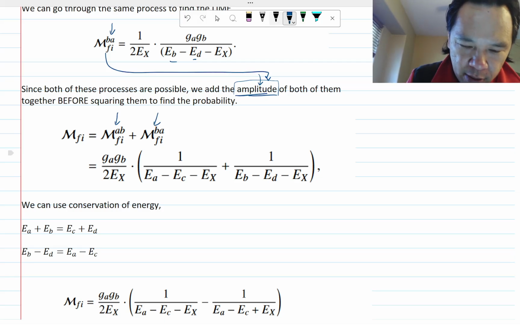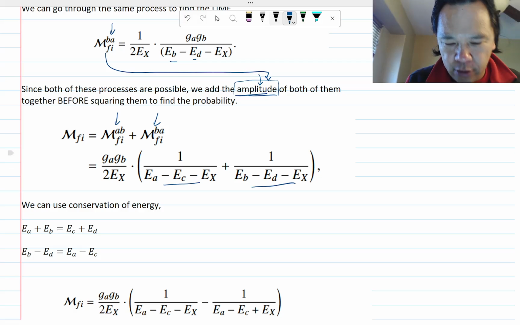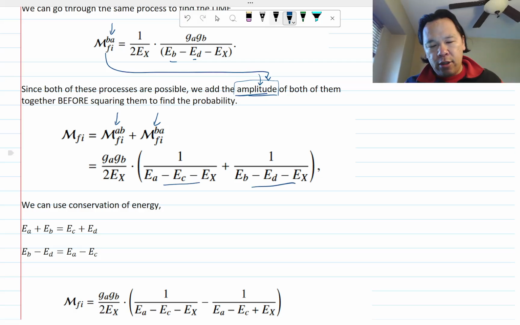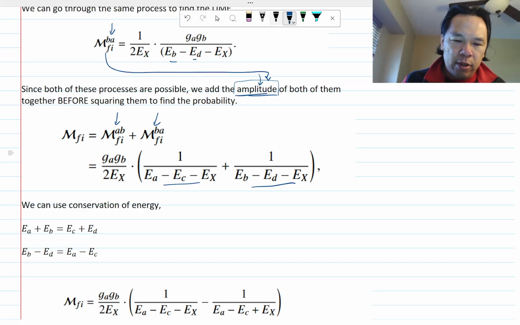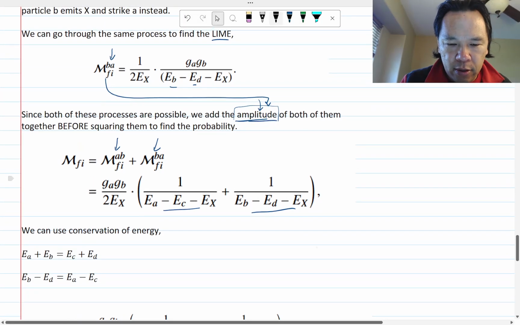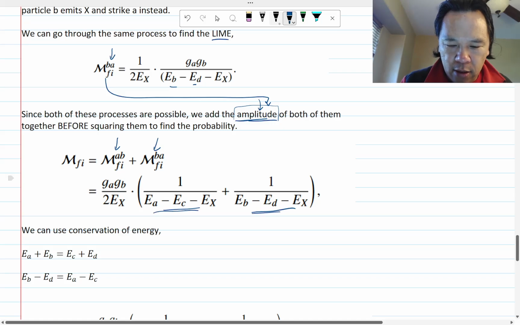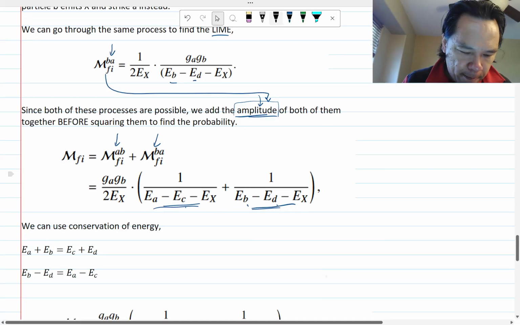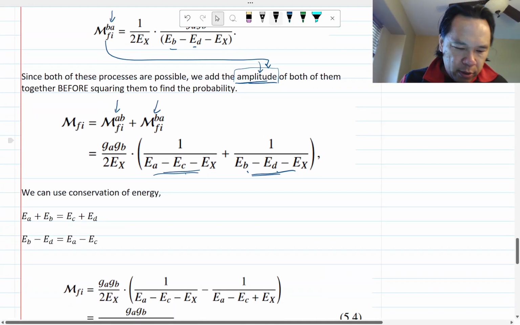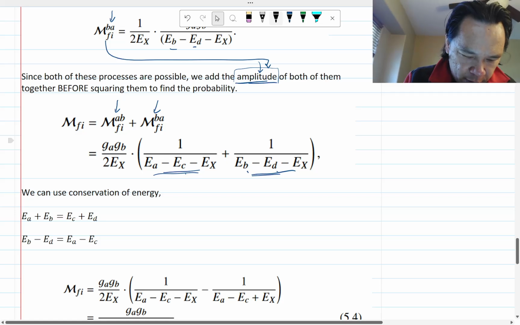If you copy down those equations from the top, you can factor out the GA and GB and then the 2x. Then you have to do the addition between the parts that are not common between the two, which is the energy in these denominators, A, C, B, and D. But what we can do is use conservation of energy.